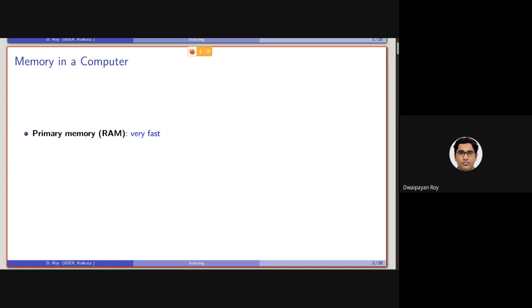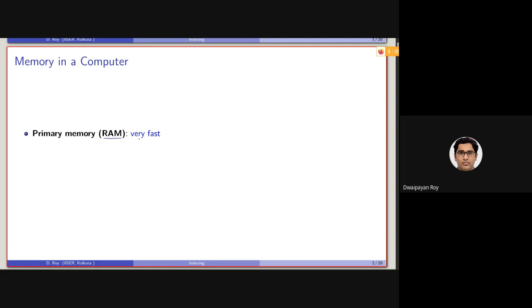So before starting with the actual indexing part, let's have a recap of the different types of memory that are available in a computer. So the computer system very broadly can be broken up into two memory parts. First is called primary memory, which is basically the RAM that we are using.